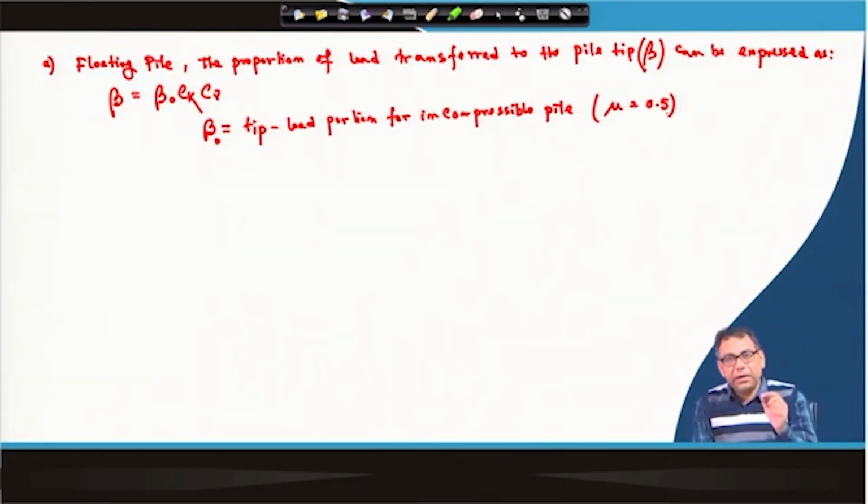That means if the pile is incompressible and the soil Poisson ratio is 0.5, then we can use beta equal to beta 0.